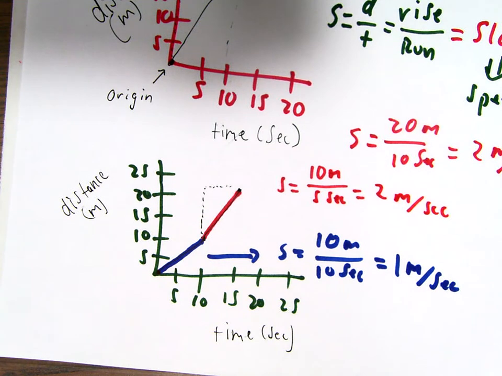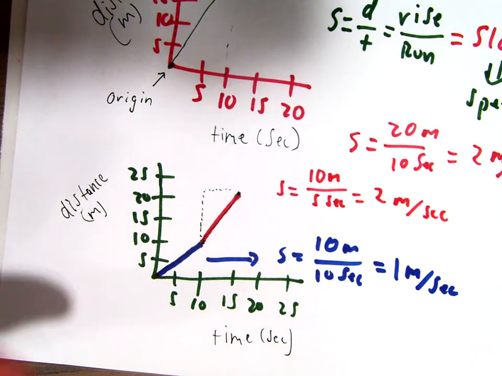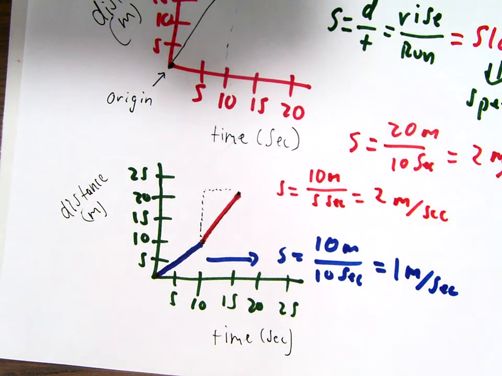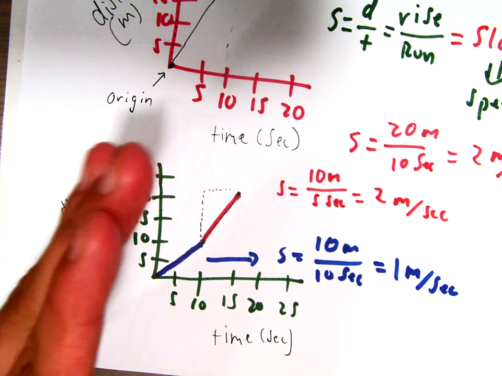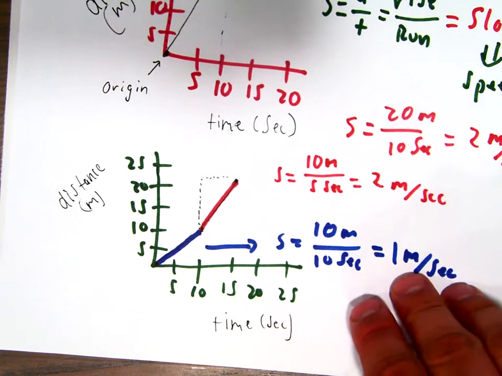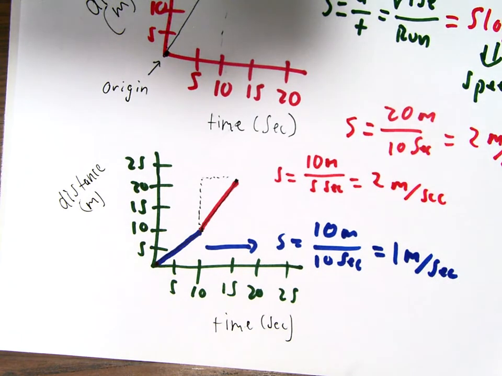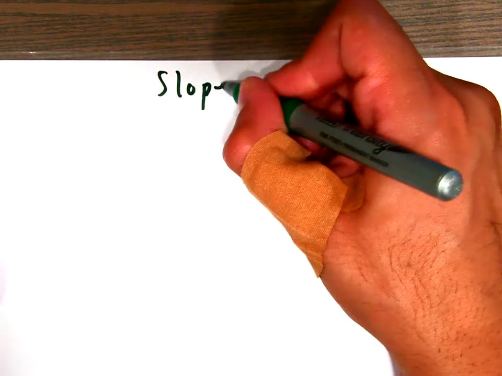Now, that's the more difficult part. Now let's go over the easier part. How do we interpret graphs? How do we look at them and know what they're saying? So the first thing is, if you notice, whenever we have a higher slope, in other words, it goes higher up, it's going to be faster. Okay, so that's the first thing that we should notice. So let's go ahead and write that down. So let's talk about slope here.